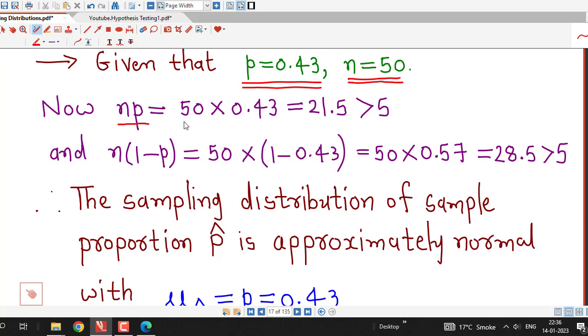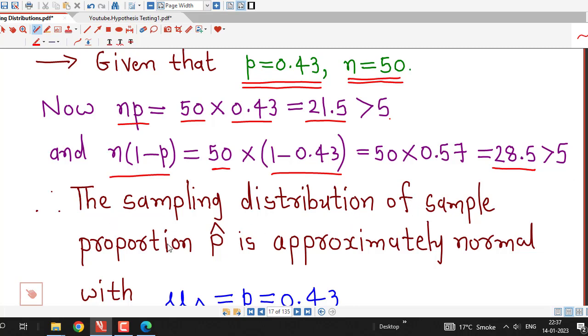Now n times p, that is 50 times 0.43, which is 21.5, is greater than 5, and n times 1 minus p, that is 50 times 0.57, is also greater than 5.